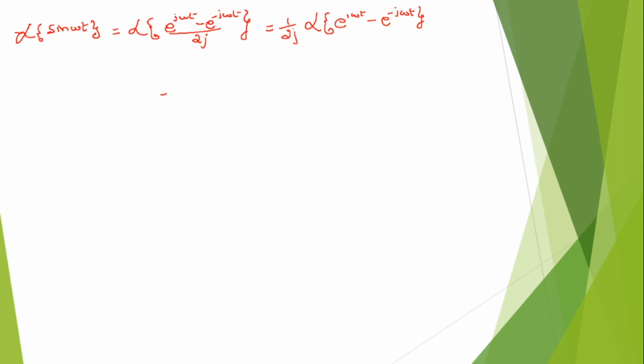So what happens is 1 by 2j, it is the Laplace transform of e to the power j omega t minus the Laplace transform of e to the power minus j omega t. Now we know the Laplace transform of e to the power at.